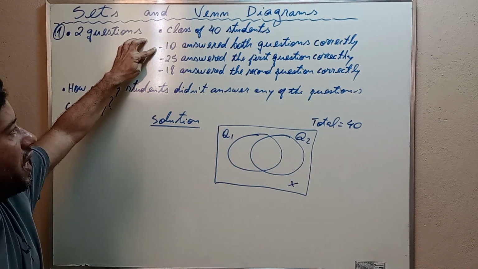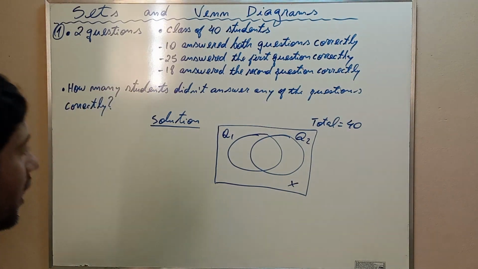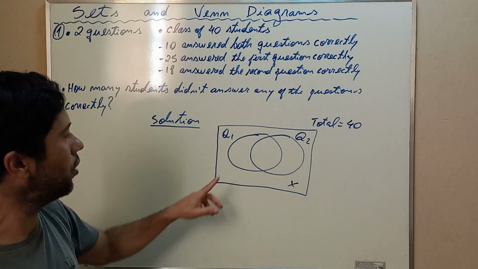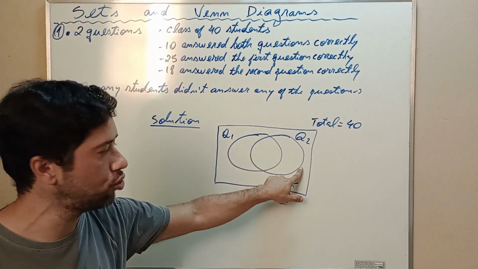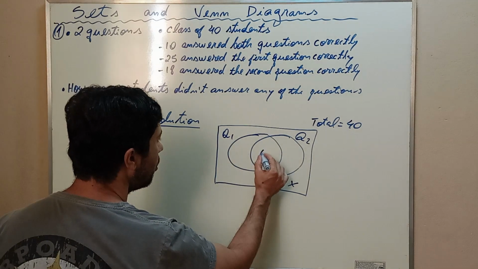10 students answered both questions correctly, and what does it mean? It means that 10 students answered both question 1 and question 2 correctly, so they belong to the intersection, okay?